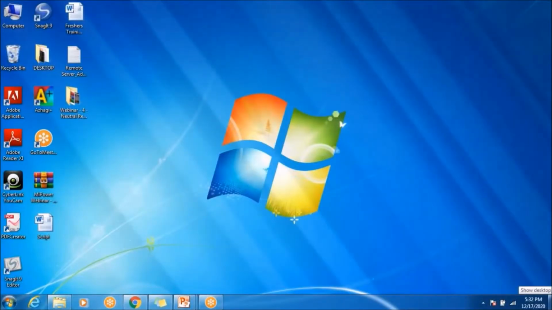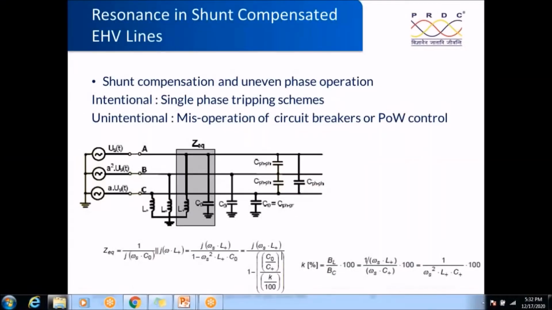In the denominator we have a ratio, C0 by C plus, and K by 100, where K is the degree of shunt compensation. Let us say 50% shunt compensation means the line capacitance is 50% compensated, and the remaining 50% will be there for generation, right?